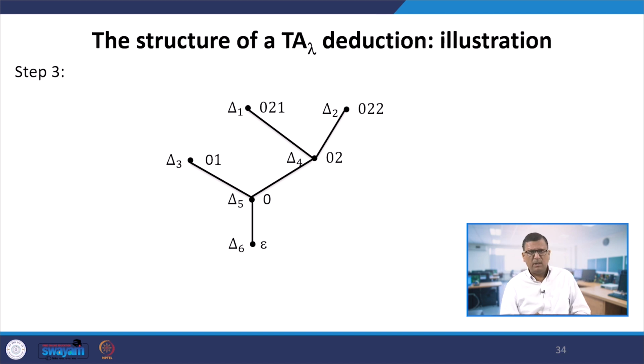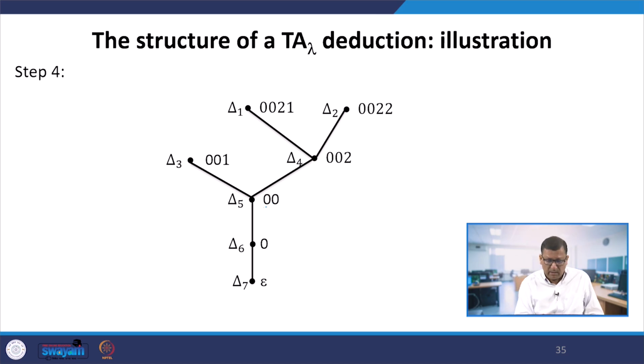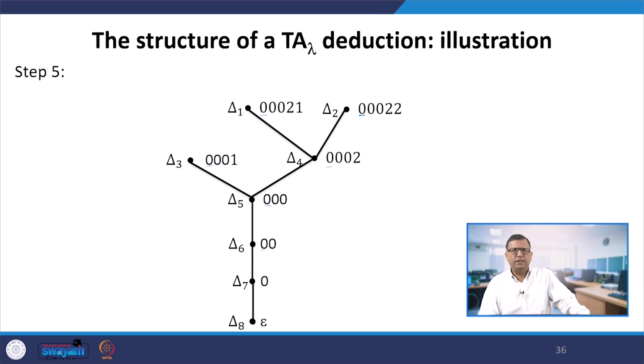Now comes abstraction. That means 0 will be placed everywhere at the left end. Again there is a lambda, so another 0 is added at the left end, and then one more lambda, so again this part is added. So, this is the tree structure representation of the T lambda deduction.